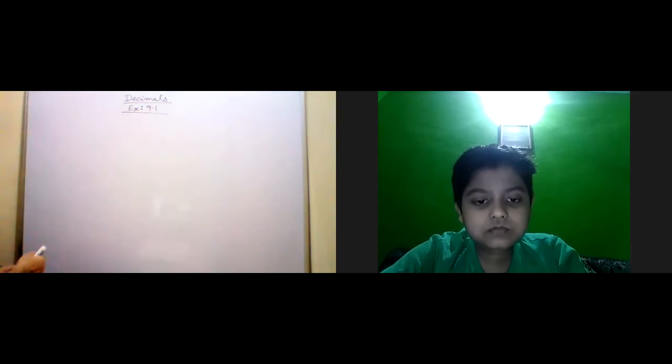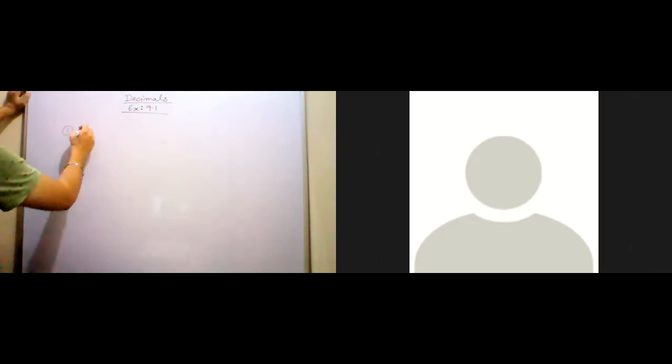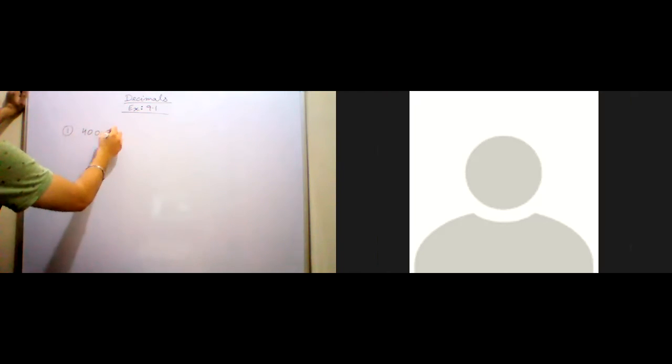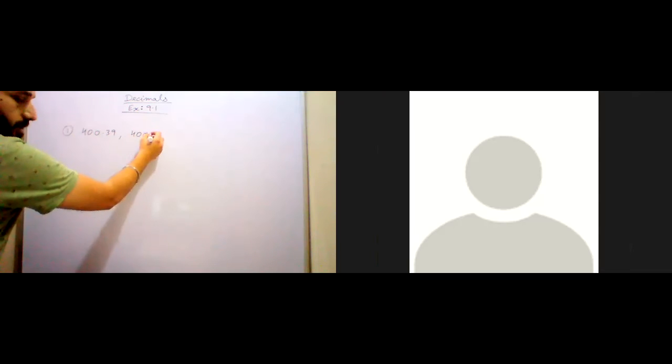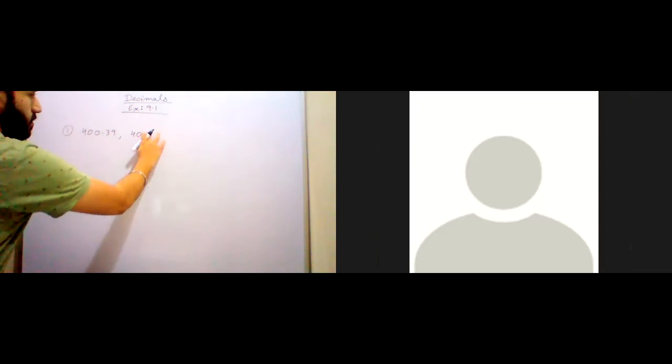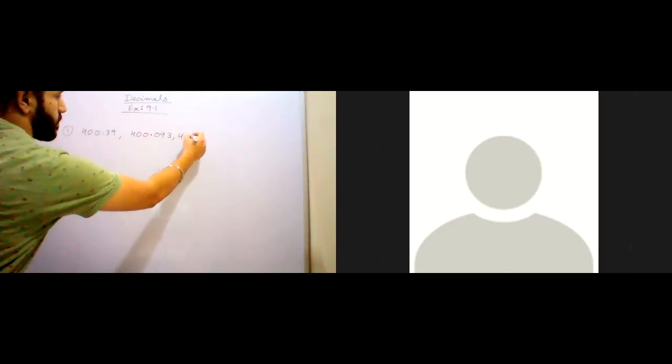One more time I am telling this one on the board because this is a little different than the rest of the questions. First I am writing the question, then I will write the answer. This is the question, not the answer. 400.39, first one. Second one was 400.093. Third one is 400.93.